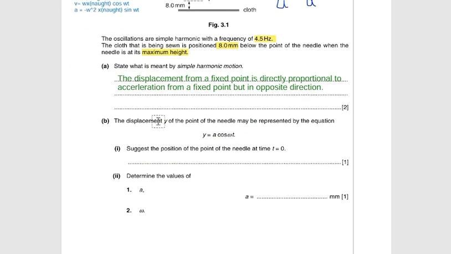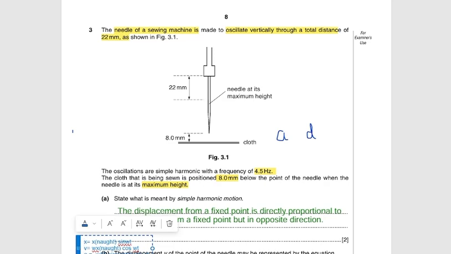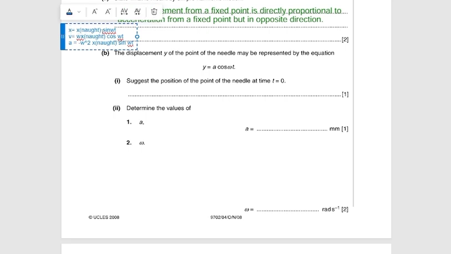Moving on, we have the B part that says the displacement y of the point of the needle may be represented by the equation y equals a cos omega t. Suggest the position of the point of the needle at time equals 0. First thing I would want you to do is immediately write down the three equations that concern simple harmonic motion, which are frequently used in these questions. x equals x naught sine omega t, v equals omega x naught cos omega t, acceleration equals minus omega square x naught sine omega t.